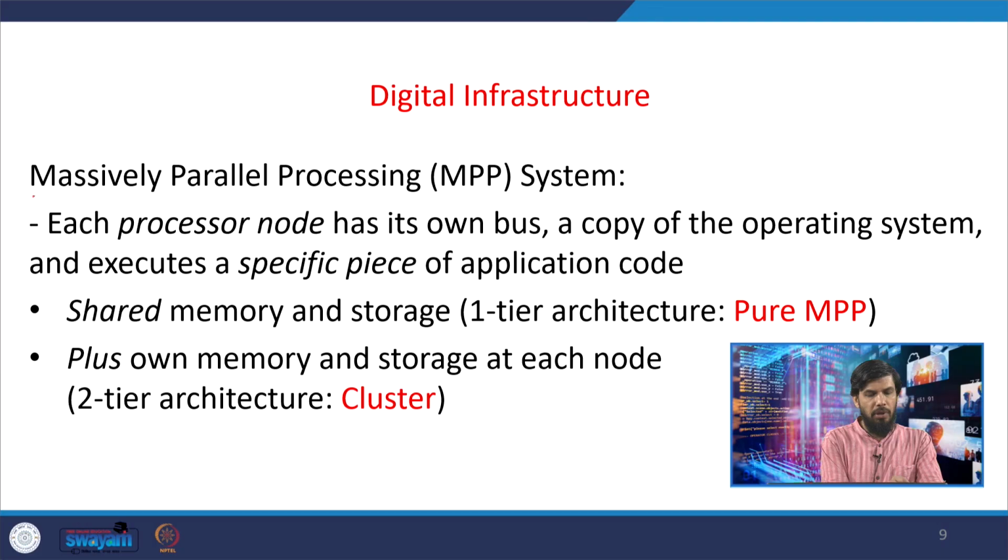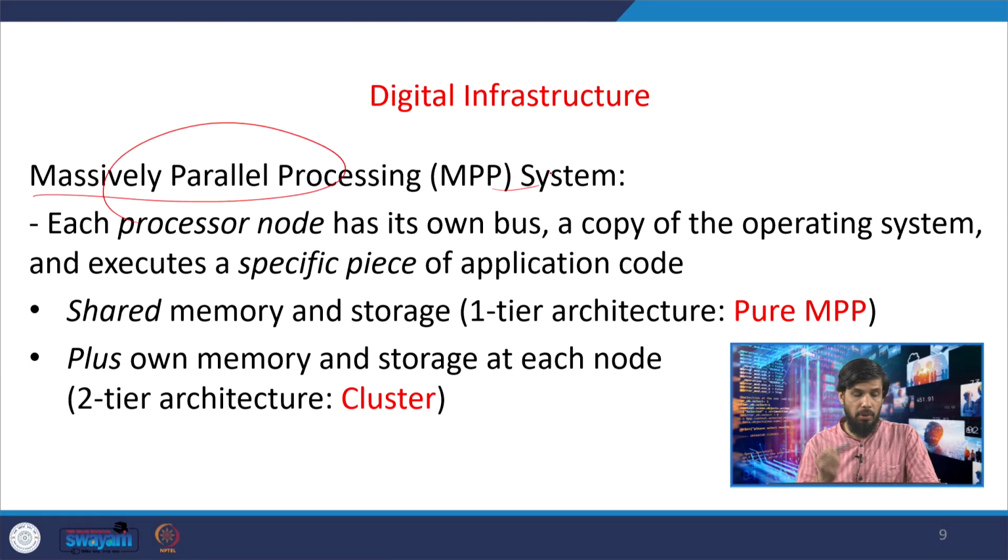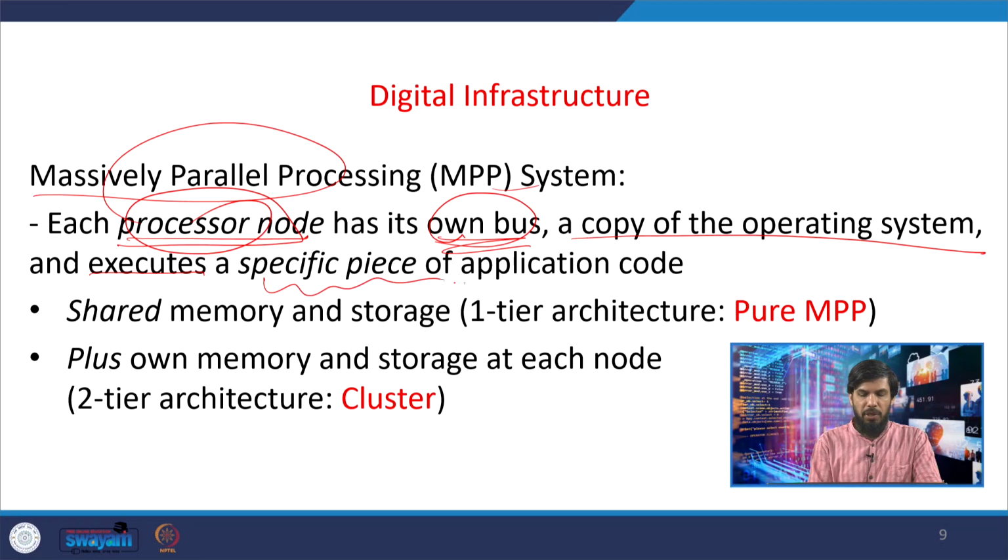Now what happens in massively parallel processing systems? Each processor node has its own bus. As I said, we are not talking about simply independent processors, they are more than that. They are processor nodes and they have their own bus, a copy of the operating system, and execute a specific piece of application code. So this part is the same, a sub chunk is executed.